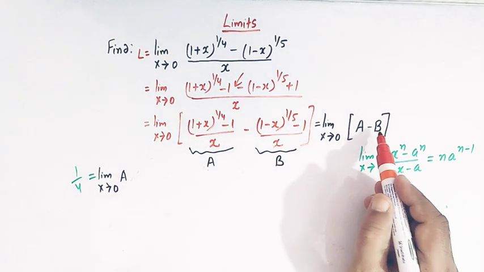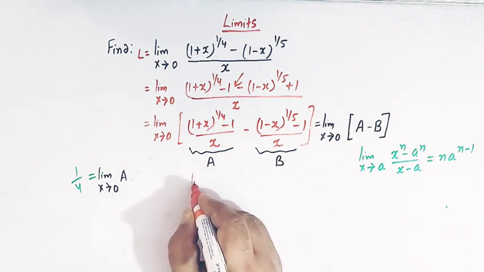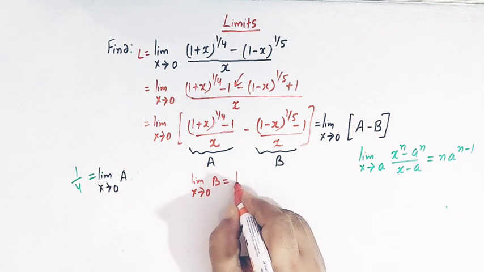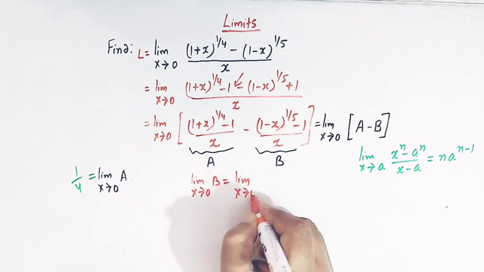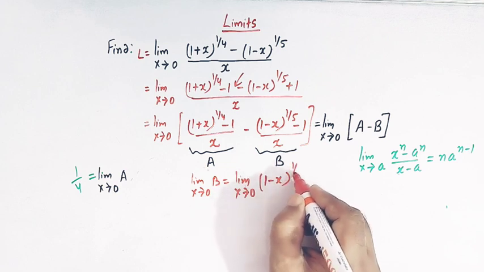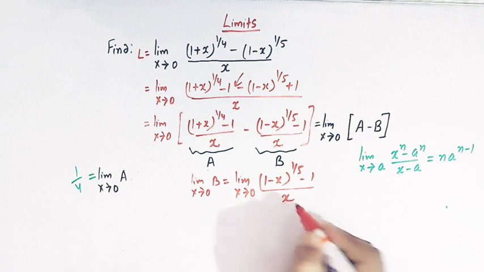Now let us calculate limit x tends to 0 of B, which is limit x tends to 0 of (1 minus x) raised to 1 over 5 minus 1, divided by x.